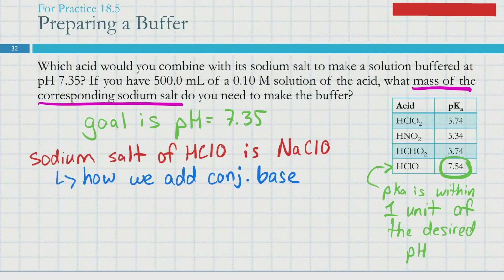So the sodium part of sodium salt, meaning that we've got sodium as our counter ion to our conjugate base, salt just referring to an ionic compound. And we're calculating eventually mass of the sodium salt, so we know how much we're weighing out on our balance to add to our solution.